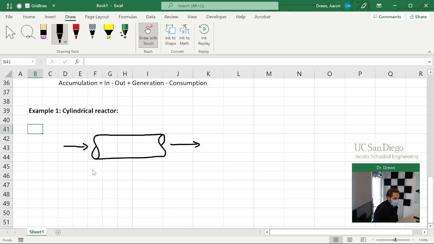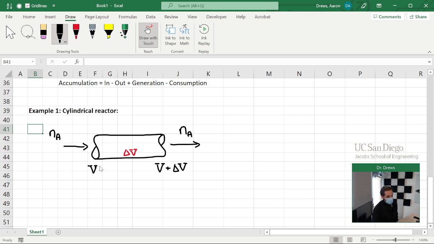So at the inlet, it has some volume V. We don't know what the volume V is over here. And then as it goes through the tube it has a volume of delta V, so that by the time you get out the other side, this is now V plus delta V. So we don't think of length, we think of volume here. And you can send in some moles of A over here, and you get out some moles of A over here.